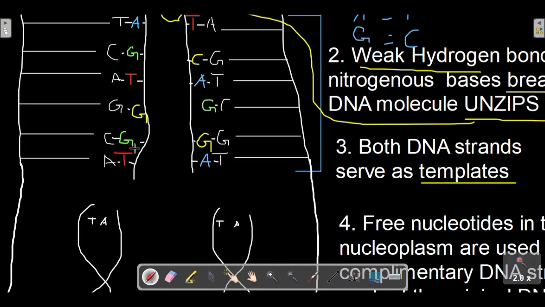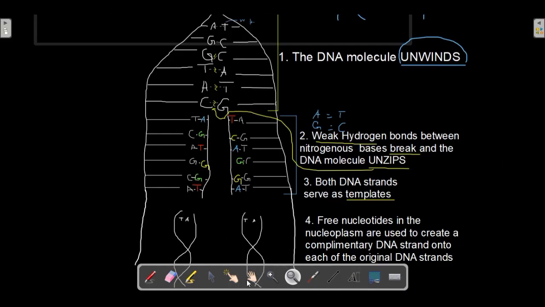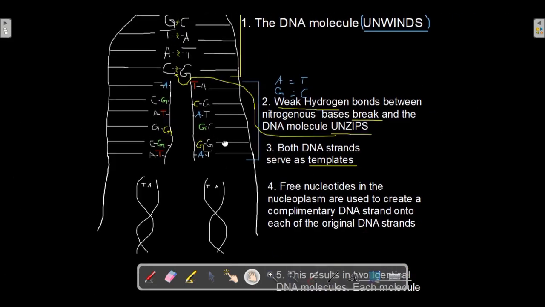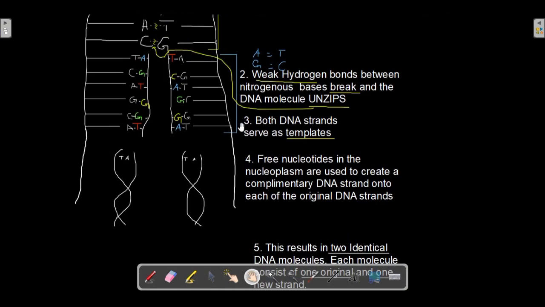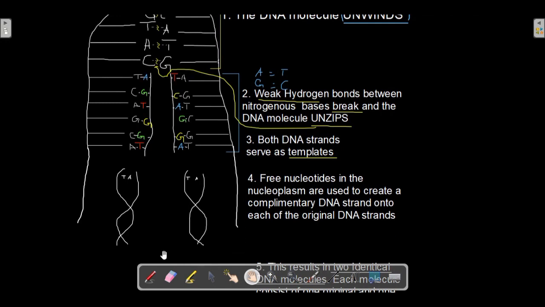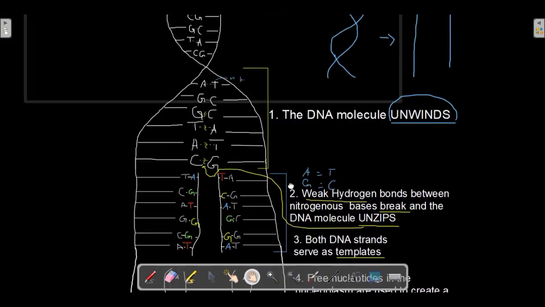I'm not going to write all of them, but I just wanted you guys to see how this happens in real time. Okay, I hope I have explained that well to you. That's how you form a new DNA molecule. Okay, this is how DNA replication occurs, guys.